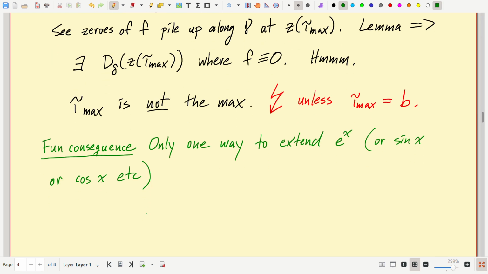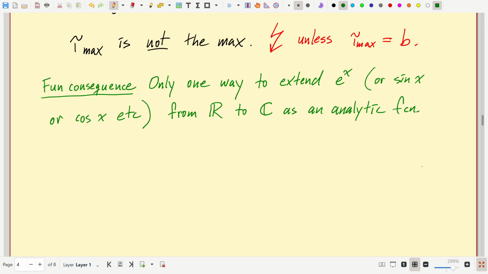So there's only one way to extend the real exponential from R to C as an analytic function. I'll call this fun consequences.